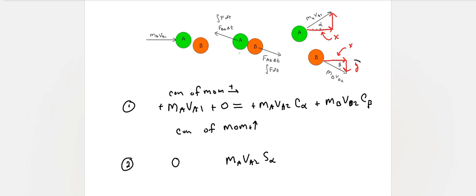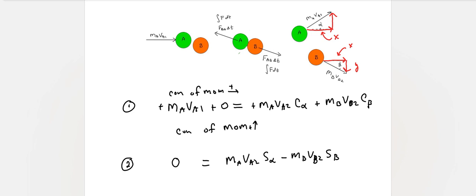Now mass B's momentum vector, y component, is that one, opposite the angle beta, and it's down, so minus mass B VB2 sine of beta. Again, that's a B here, sorry about that. And again, we can put the equality here because net force is 0 during the impact.